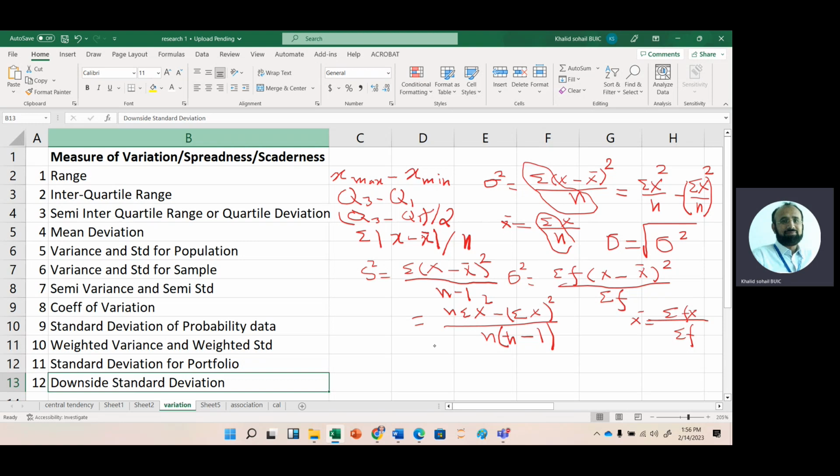Now, if we take the square root of this s square, we can get the standard deviation for sample data.